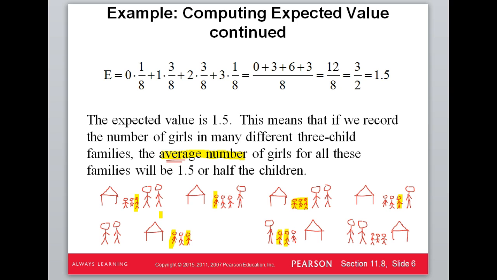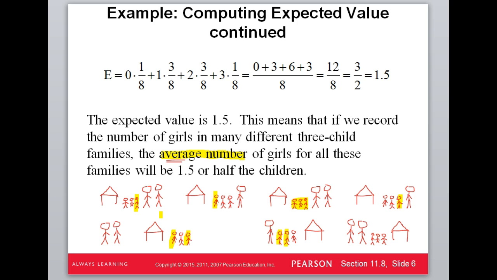It does mean if we take a long run average over the course of all groups of 3 kids, that you would average 1 1/2 girls. But it also means it literally is expectation, what we can expect to happen if it hasn't happened yet.